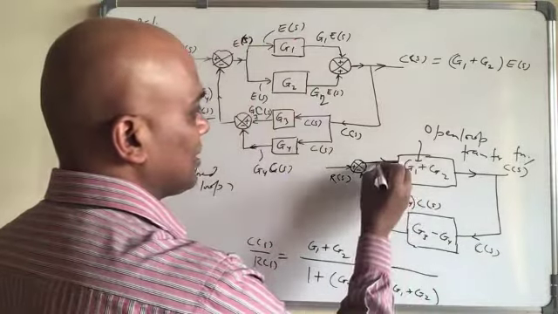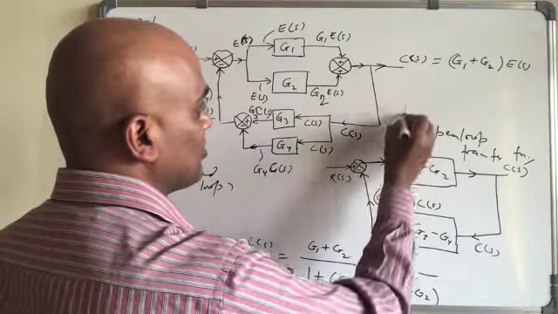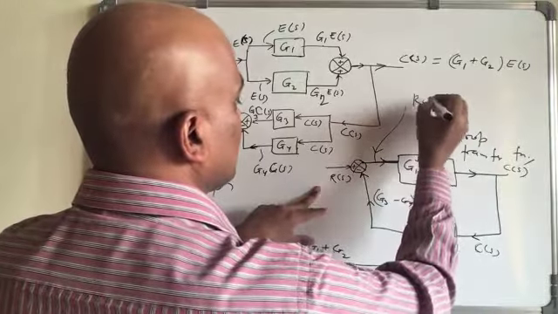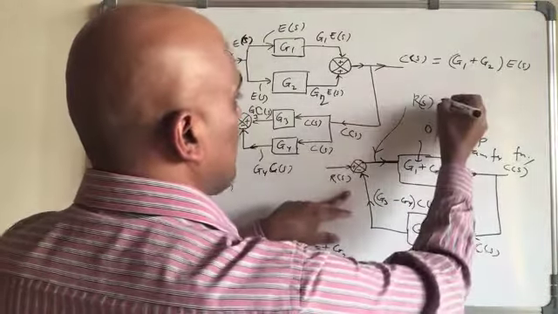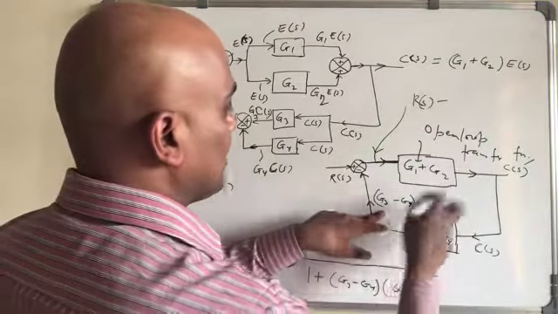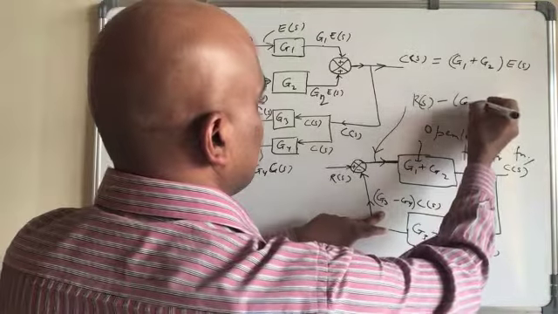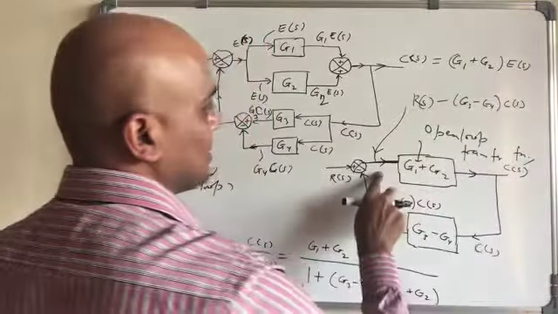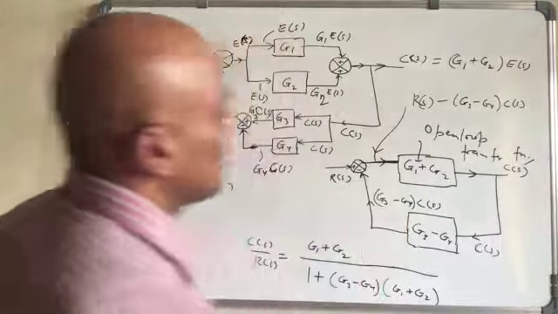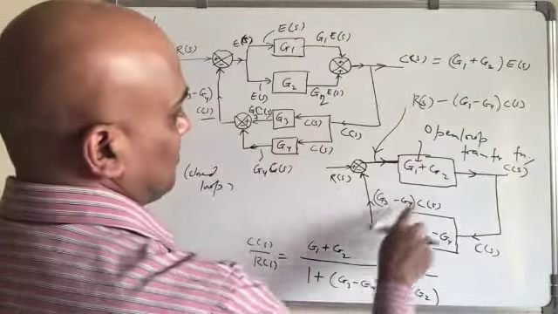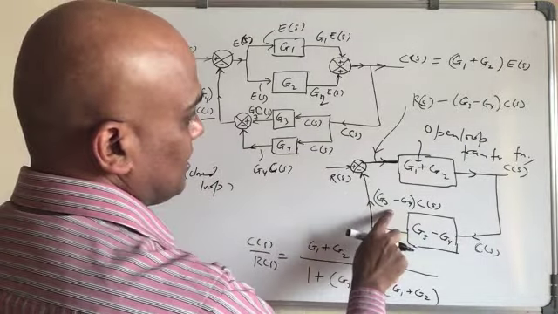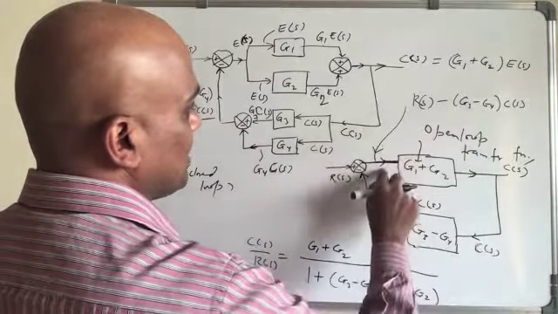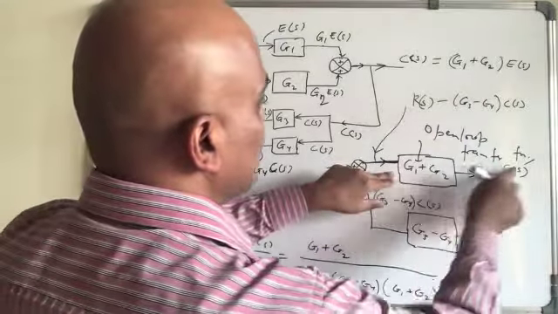Here this value we have R(s) minus G3 minus G4 times C(s), right? So R(s) minus this, and multiplied by this has to be C(s).